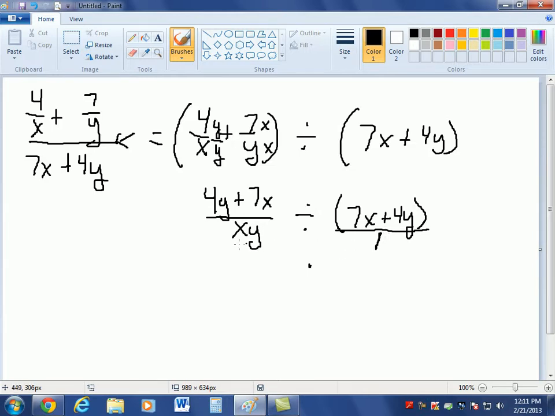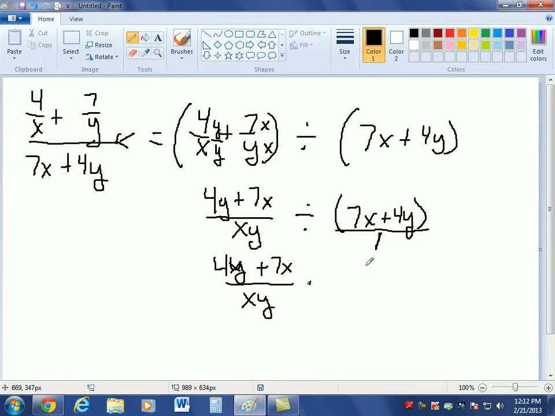So now what we've got on the left side is 4y plus 7x over xy. Let me erase a little stray mark. 4y plus 7x over xy. What do I write next? A multiplication symbol, times what?